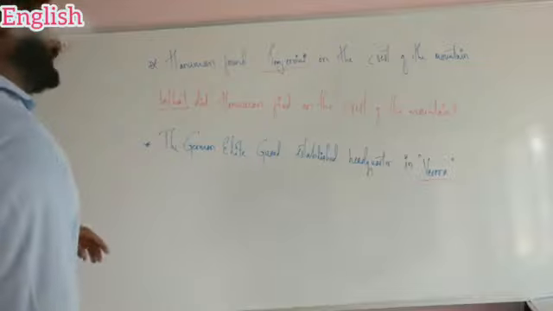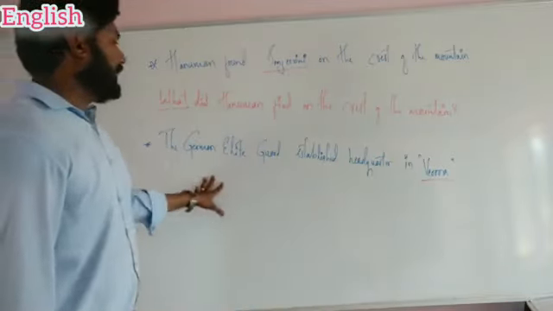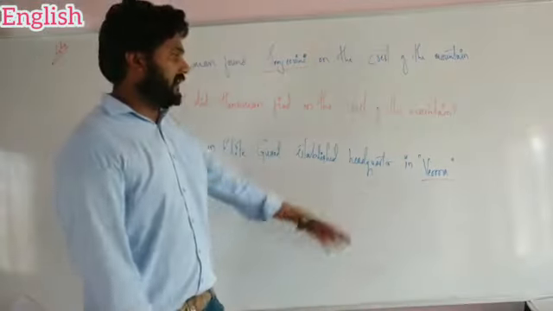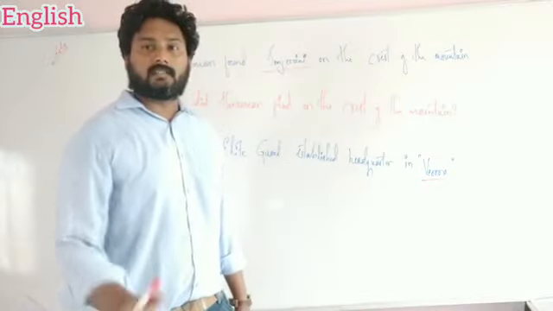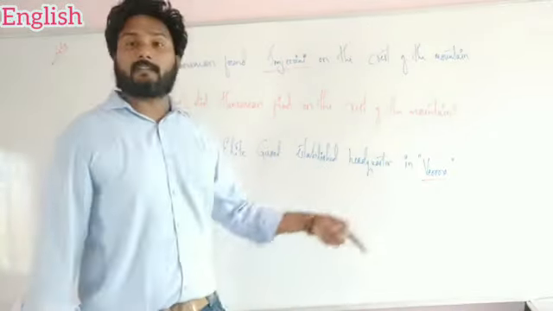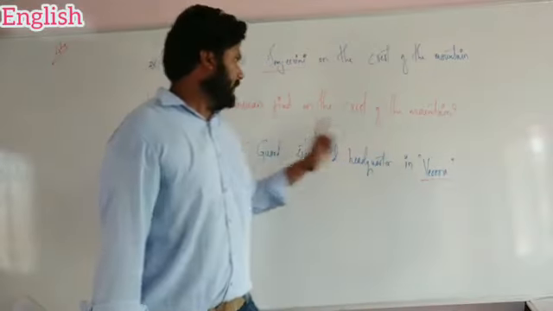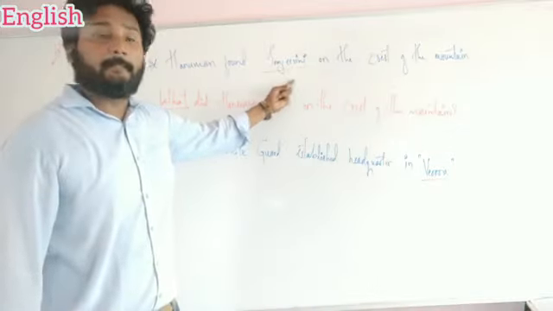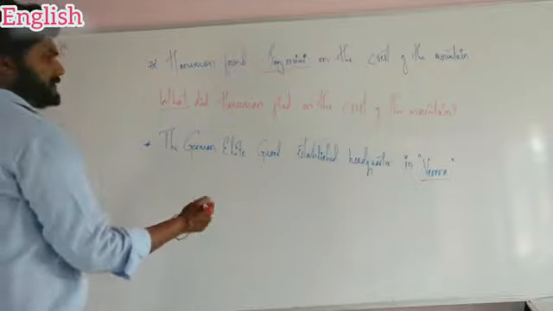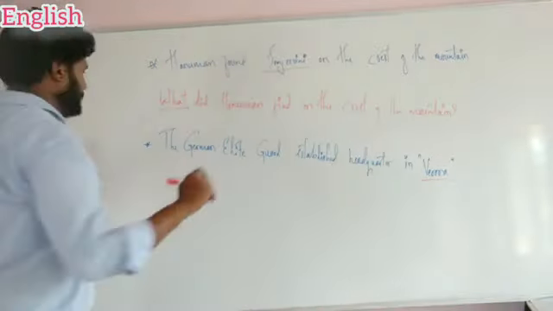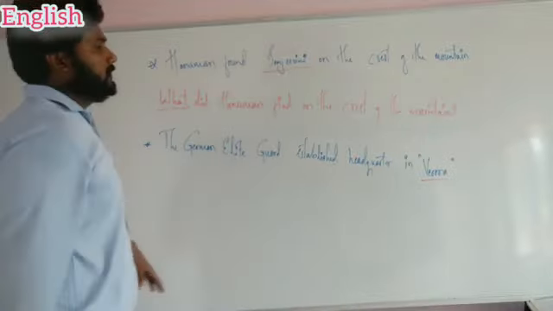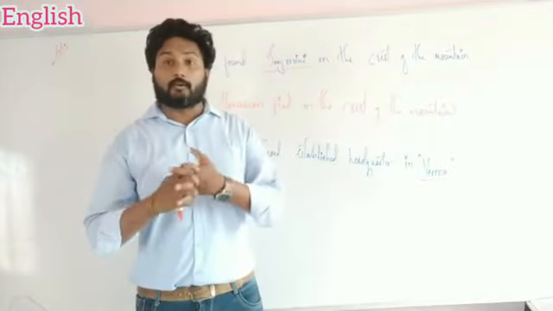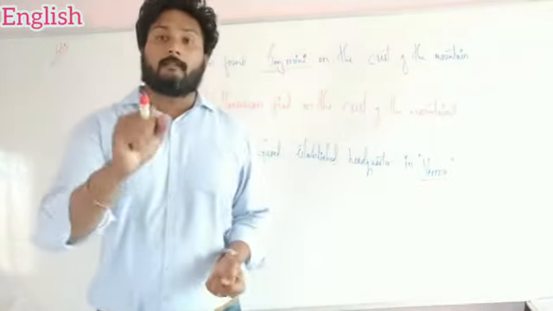Stepping towards the next example: the German elite guard established headquarters in Verona. The underlined word is Verona. So we should frame a question whose answer is Verona. Here, what did Hanuman find on the crest of the mountain? He found Sanjeevani. Here, established means past form, and it is a place. As I said, if we want to know about a place, we use where.